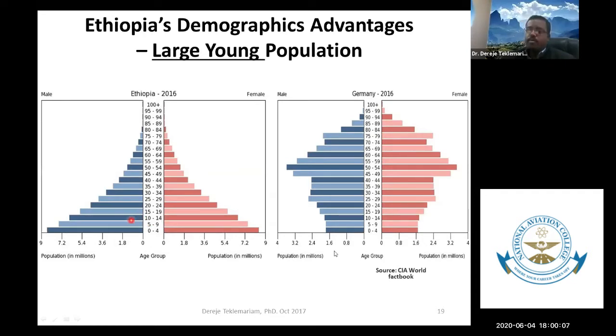For example, if you compare the population of this country, both male side and female side, by age, with Germany, definitely these two will not have the same population for the same international policy, trade, foreign policy. For example, Ethiopia may want to promote the export of knowledge and human skill, whereas Germany may want to import from that side.